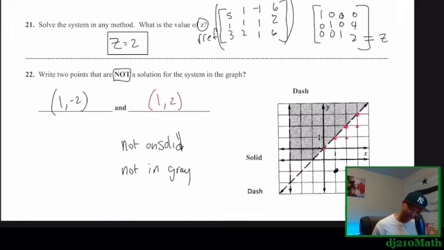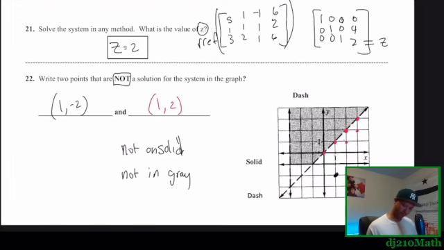Any of these. What about this one? Oh no, it's definitely not. Can't be on the solid. Well, no, that's the X. That's the X-axis. This one's the X-axis.